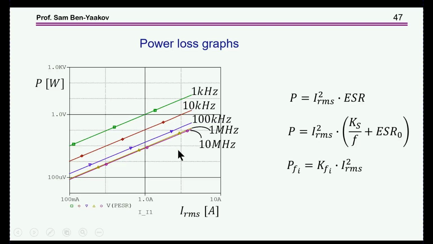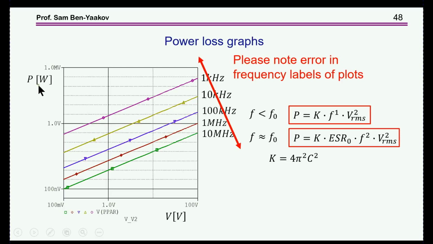So then, if you wish, you can have the same plots here, the same type of plots we have in ferromagnetic material, like P as a function of VRMS with frequency as a parameter, or P as a function of frequency with voltage as a parameter. I'm sorry, I've switched this thing incorrectly. This 10 megahertz should be above, and the 1 kilohertz should be below.